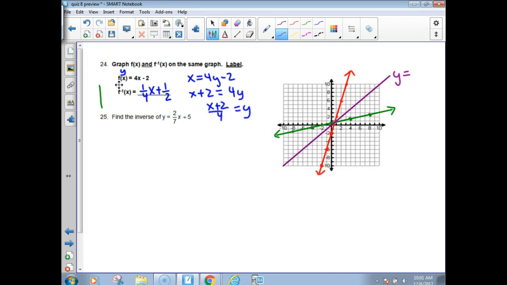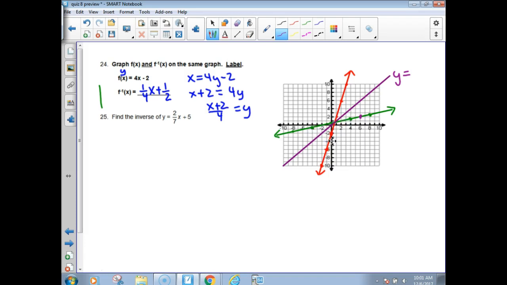So we could have actually graphed this line by taking the points we had here and then reversing them. So see how this was at 2, 6? We could have plotted 6, 2. Bingo, right there. Okay, so that's another way to graph that line. So we also had the point on here of -4, -1.